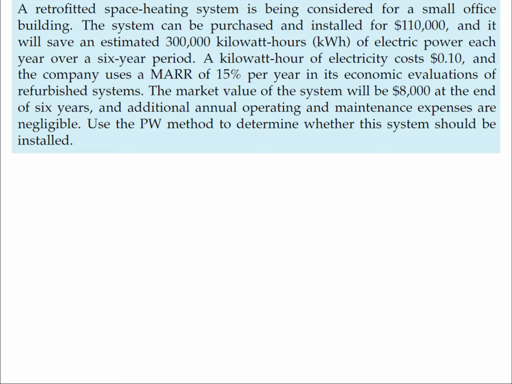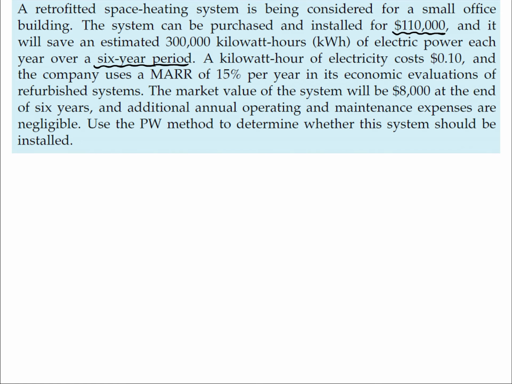Okay, so here a retrofitted space heating system is being considered for a small office building. Okay, you want to install a new heating system. The system can be purchased and installed for 110,000. So that's the capital investment you want to pay for this new system. And it will save an estimated 300,000 kilowatt hours of electric power each year over a 6-year period.